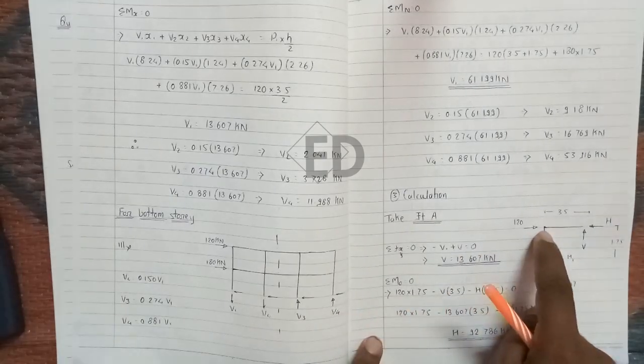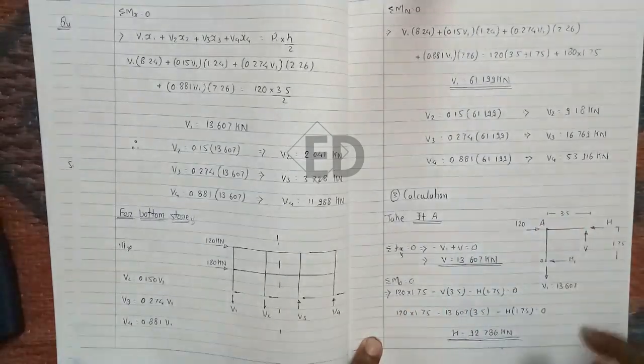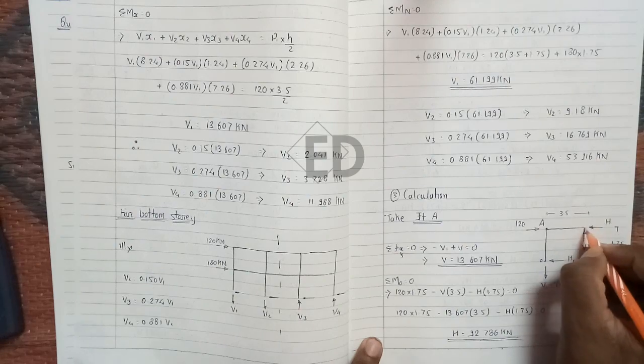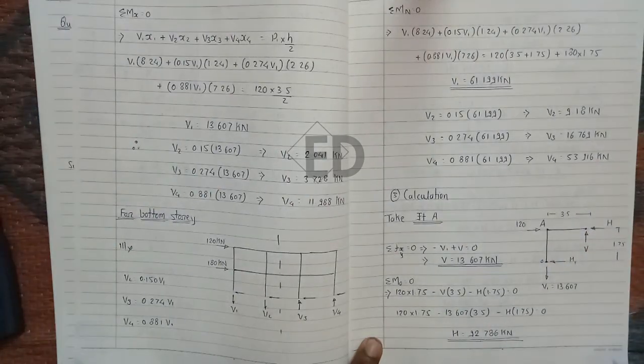So take joint A. This is joint A. This is the point of contraflexure here and the point of contraflexure here.